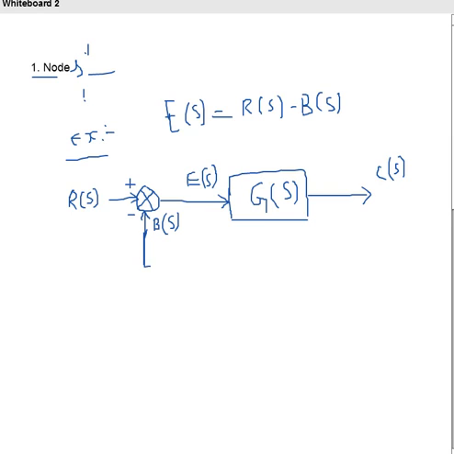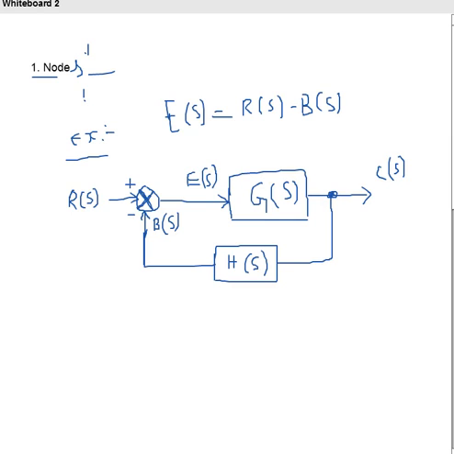G(S) is the forward block and the feedback block is H(S). The cross symbol is the summing point, and this point is the takeoff point. From the output I take a signal and feed it back to the input.